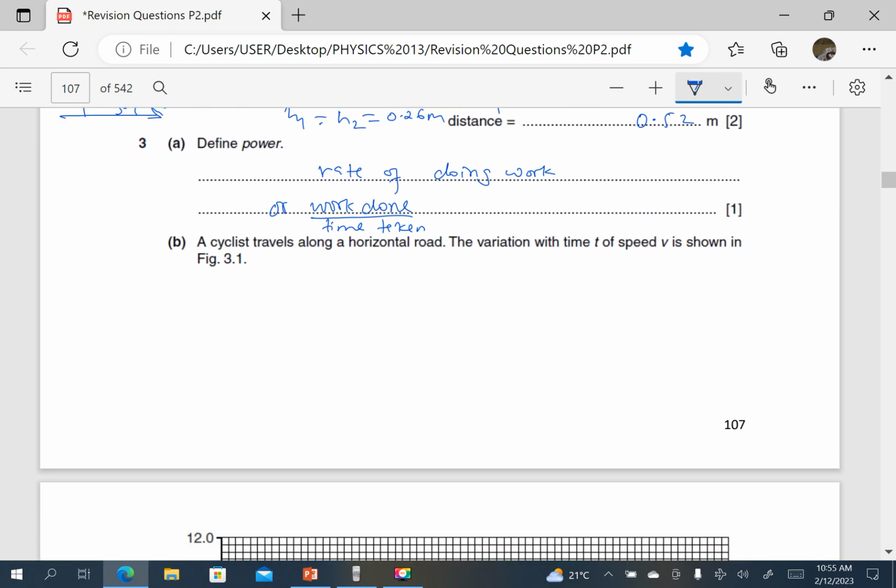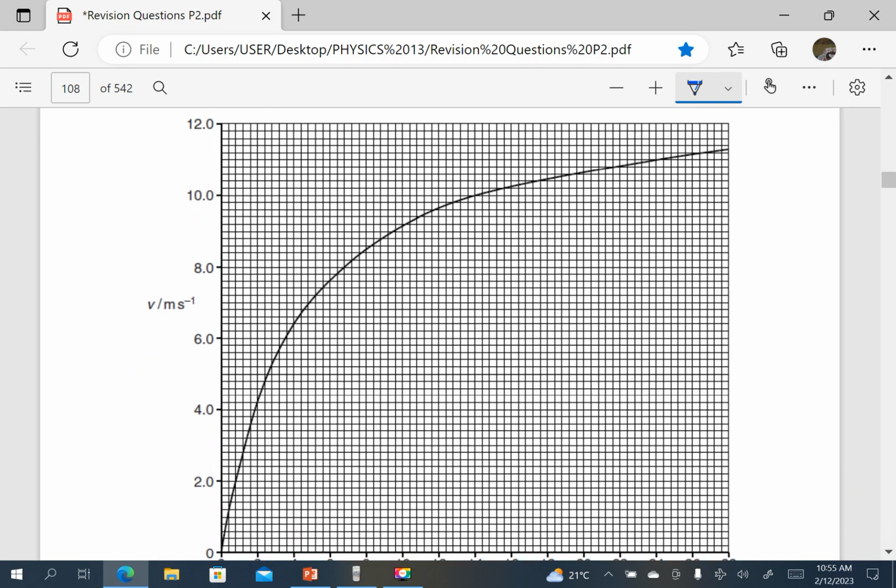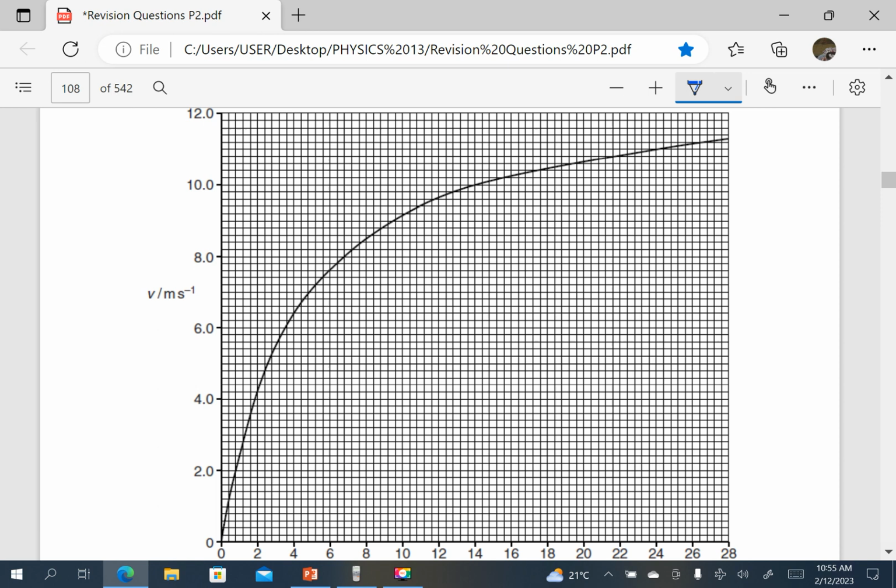A cyclist travels along a horizontal road. The variation with the time t of the speed is shown in the figure there. So we have drawn the graph for speed against time, and we see that the gradient decreases.